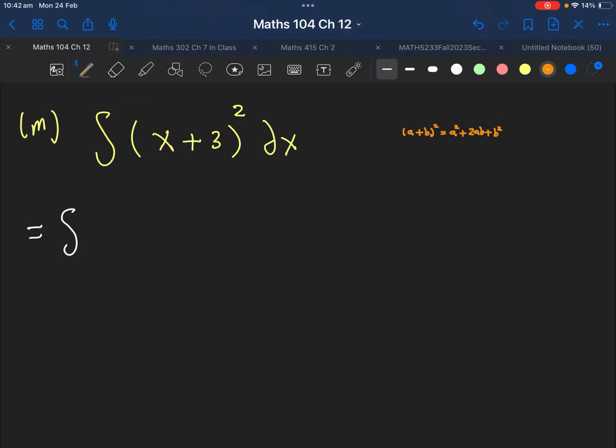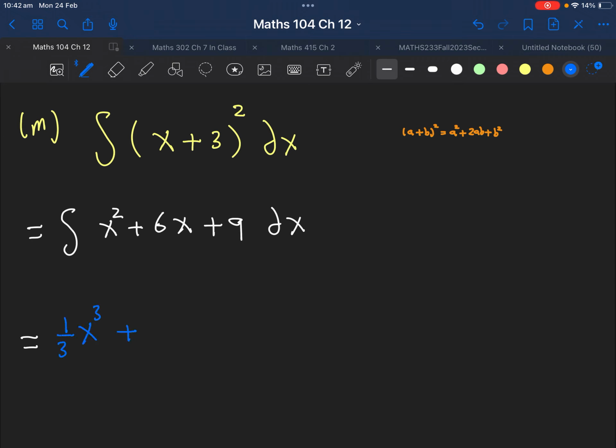So if we apply this formula here, we get x squared plus 2 times 3 times x, so we get 6x plus b squared, which will be 9. And now we just find the integral of this one, which will give me x^3 over 3.